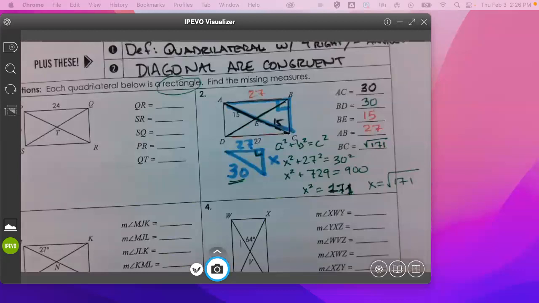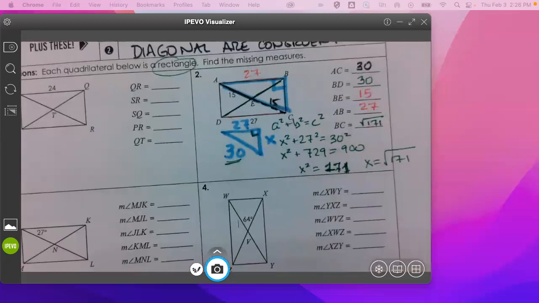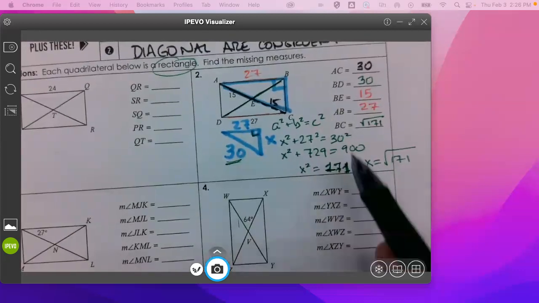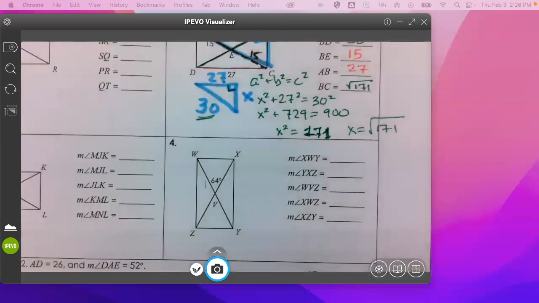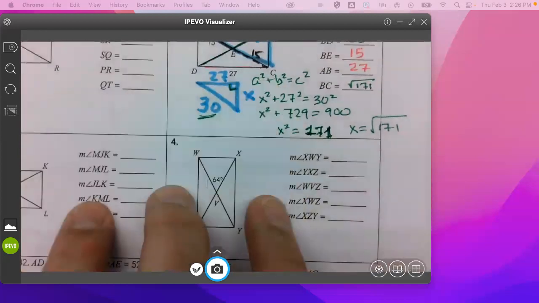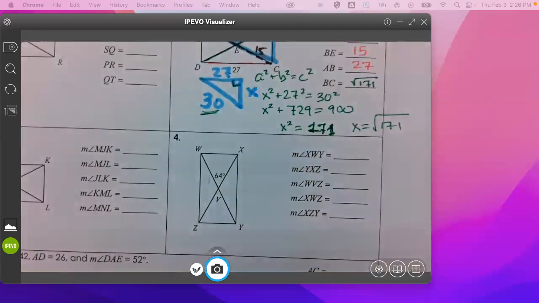Okay, good. Hands down, please. You'll notice that 4 and 3, for that matter, are different. What makes these different problems? Yeah, what makes 3 and 4 different from 1 and 2, though? They're all about angles. So let's do number 4.